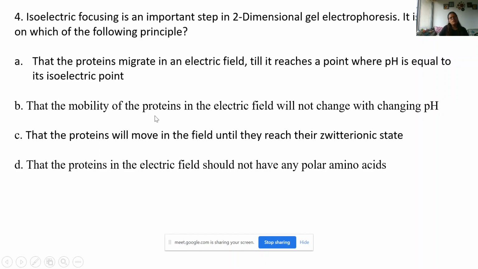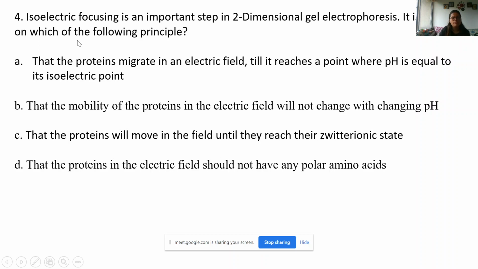Option B is that the mobility of the proteins in the electric field will not change with changing pH. Option C is that the proteins will move in the field until they reach their zwitterionic state. And option D is that the proteins in the electric field should not have any polar amino acid.